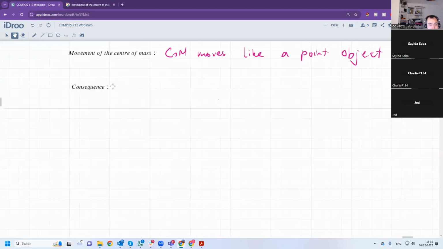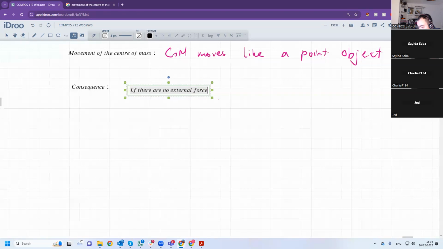Consequence. Well, the biggest consequence here is that if there are no external forces, the center of mass cannot move.